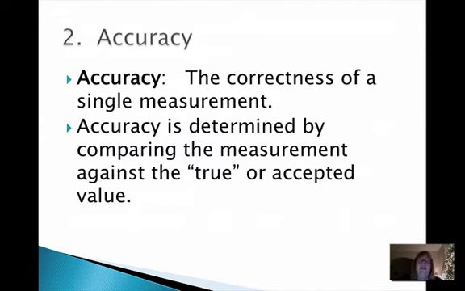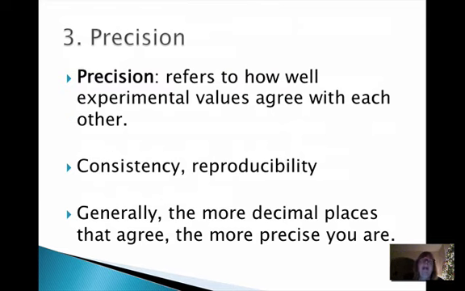Okay, accuracy. We need to know this definition. The correctness of a single measurement. The correctness of one measurement. So it's determined by comparing what you measure against the accepted value. Sometimes people call it the true value. And then precision, we need to know this one.